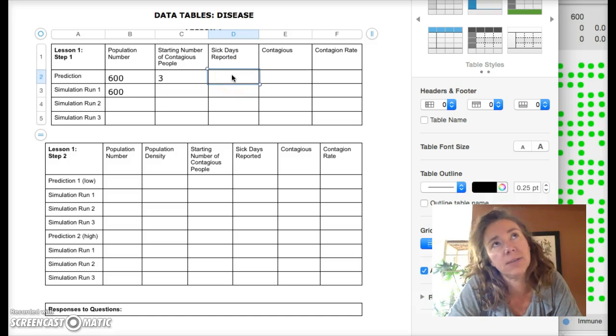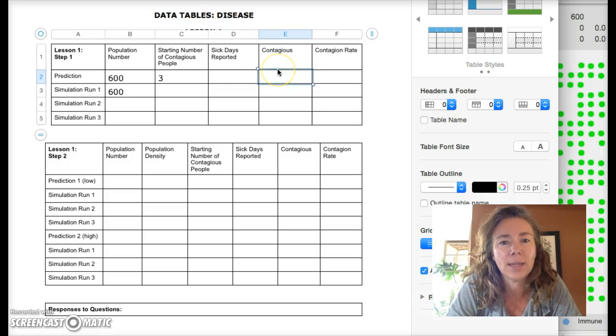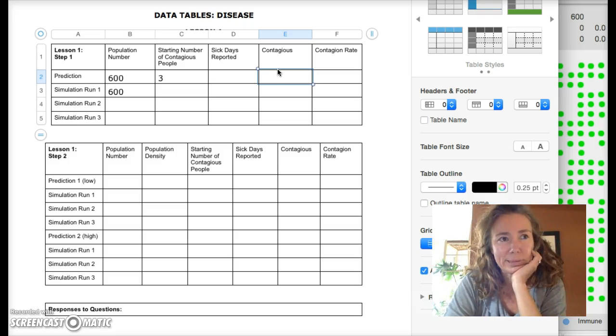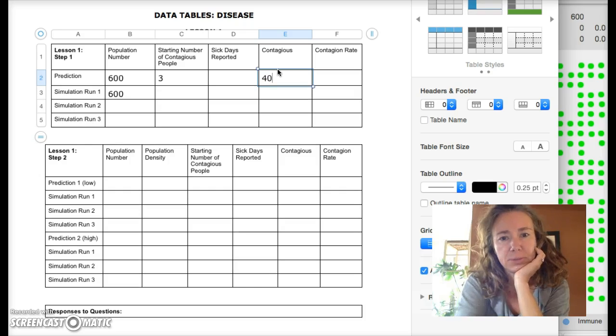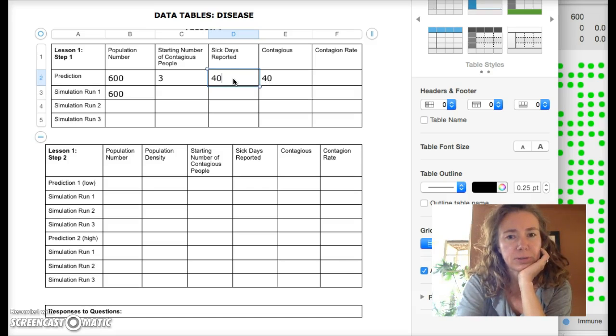I don't know, everybody's sick for like 5 days. That's like 15 days if there's 3 people. And I'm going to predict that these people spread it to, I don't know, maybe 20 or 40 other people, right? And I'm going to predict that they're sick for, I don't know, 40 days.